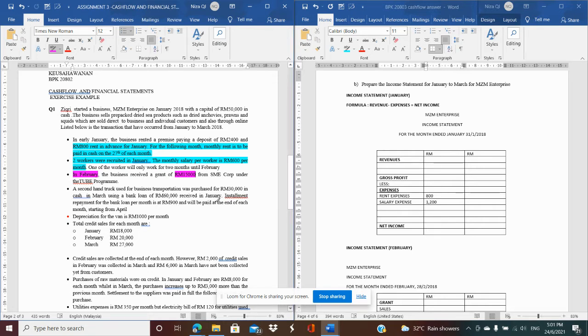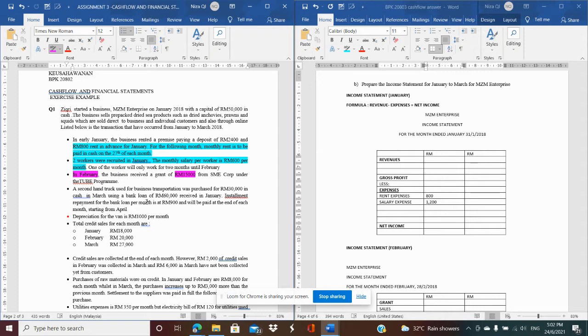Now, there is an installment repayment for the bank loan, that is 900 and it will start in April. For a bank loan, usually when there is an installment payment, this is divided into two parts, because in an installment there will be the repayment of principal and also the interest.